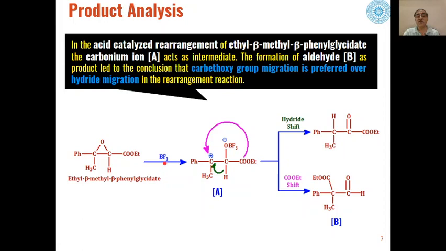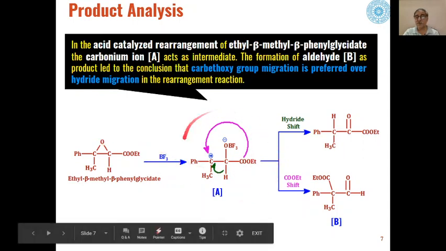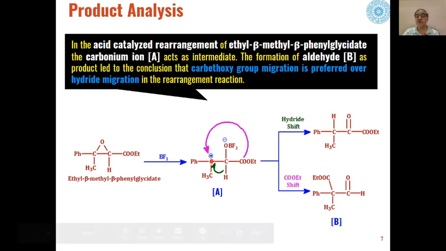When this is reacted with Lewis acid BF3, we know that this will interact with the epoxide oxygen and we will get this type of intermediate where this carbon is having positive charge and this oxygen is having negative charge. So when this forms a carbon oxygen double bond, there is a possibility of migration of either this group or this group.